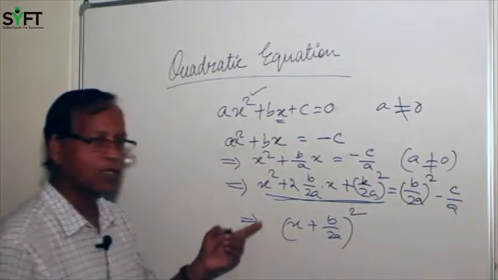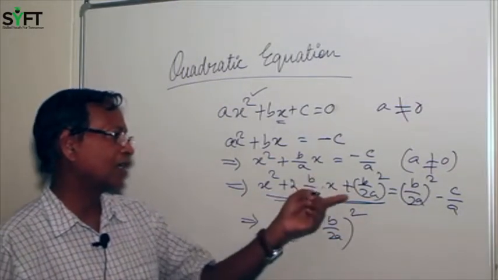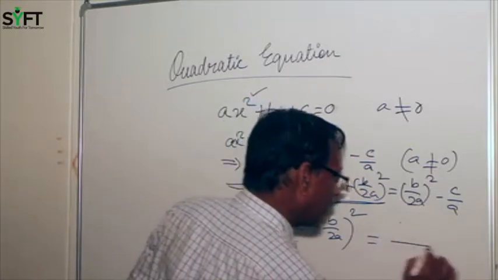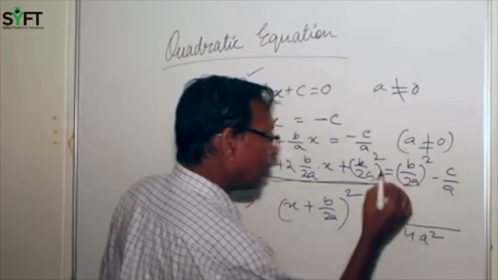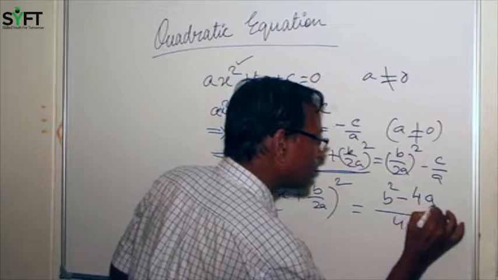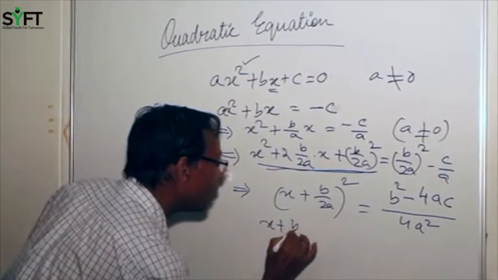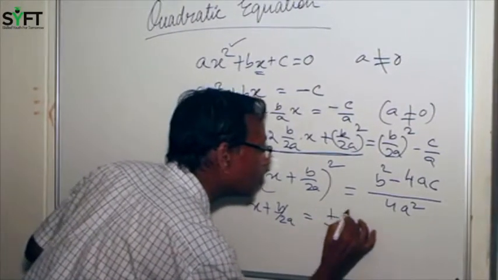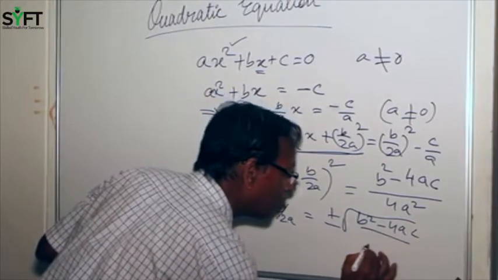This is in the form a plus b square, a square plus 2ab plus b square. That is in that form. This you can write with LCM 4a square and above b square minus 4ac. So x plus b by 2a is equal to plus minus root over b square minus 4ac by 2a.